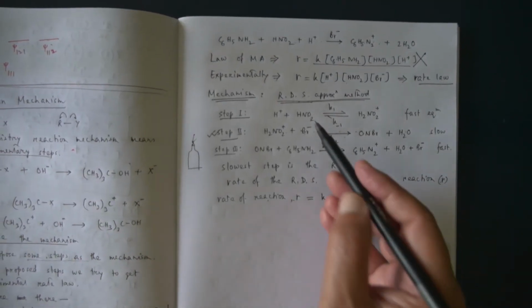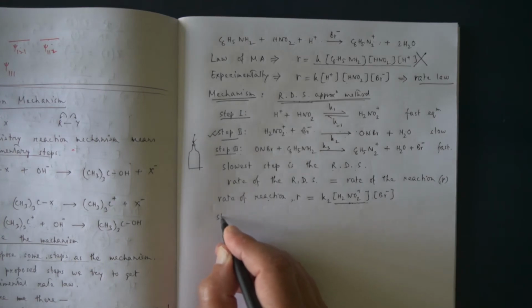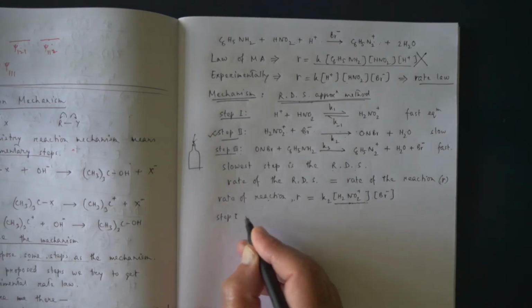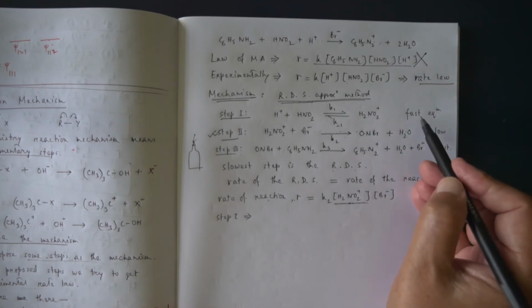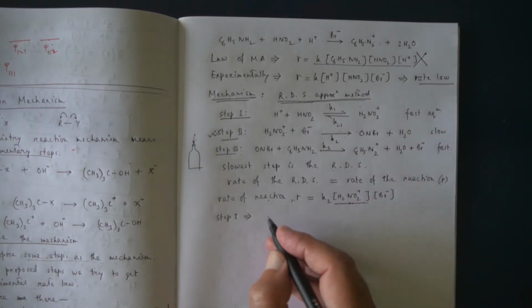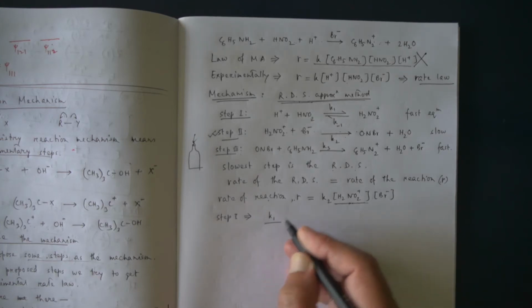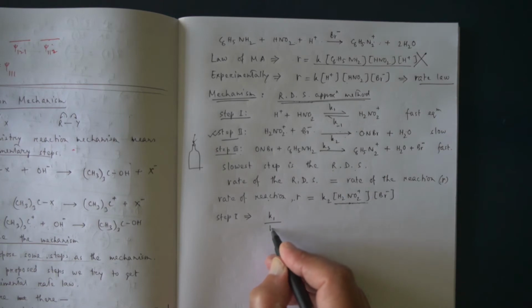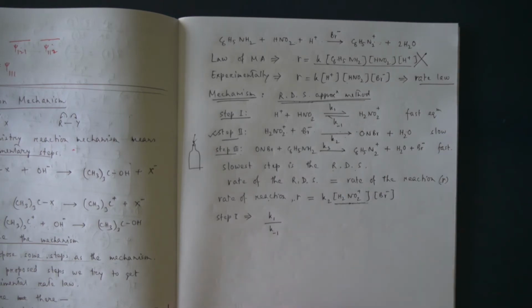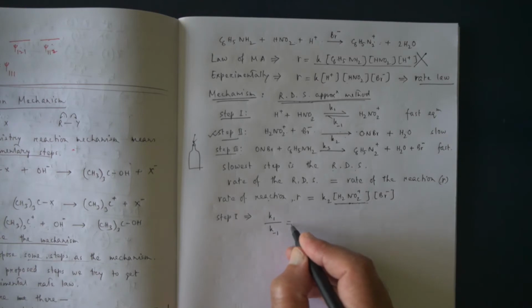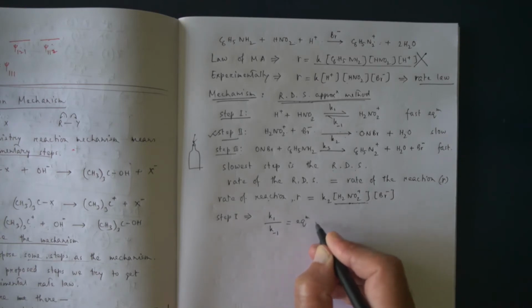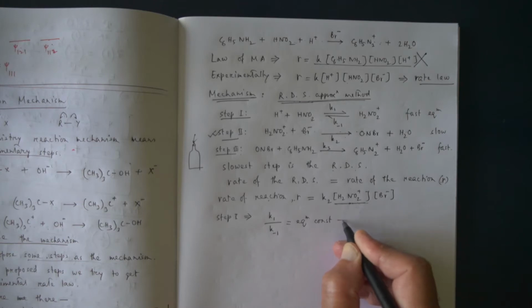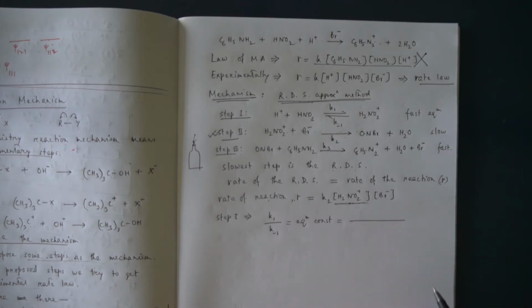Now from step 1, this is an equilibrium. If we write the equilibrium constant, that means Q1, what is the equilibrium constant? The equilibrium constant is equal to the rate constant of the forward reaction by the rate constant of the backward reaction. So if we write this, what do we get?